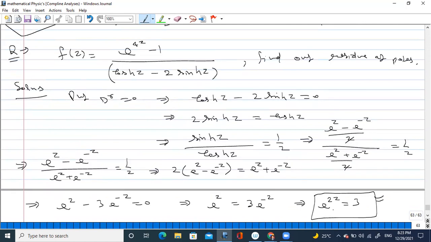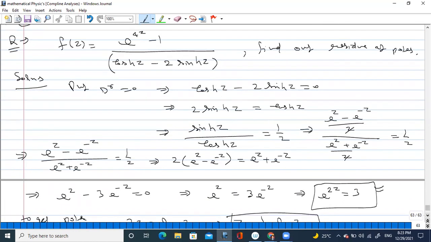Just you need to find out the pole. Pole I have found, and some value also I have found. Now this thing will be working as phi z, and this thing will be working as psi z, because in the residue I need psi dash z. In that I will put the value of the pole, so this differentiation I need.